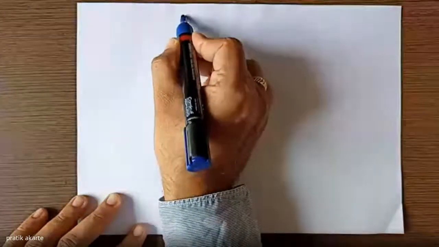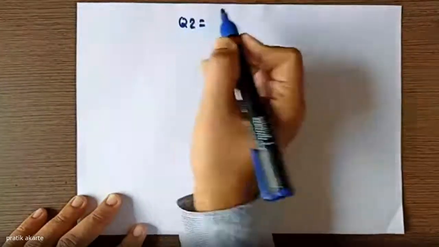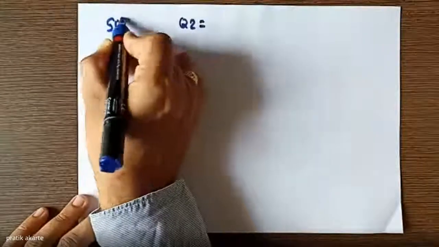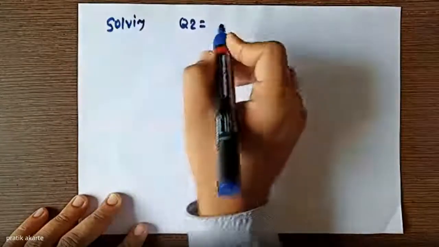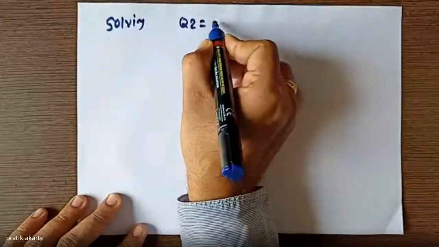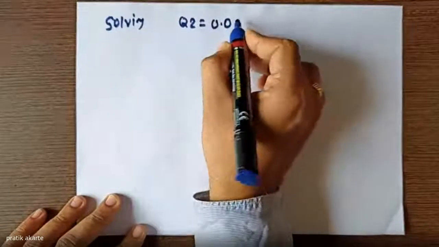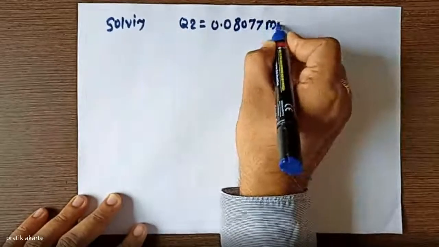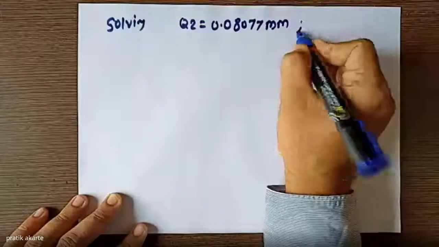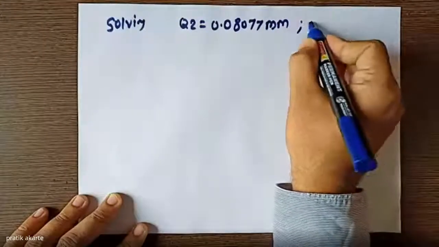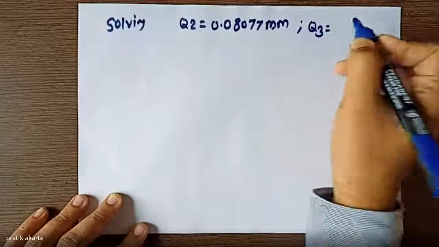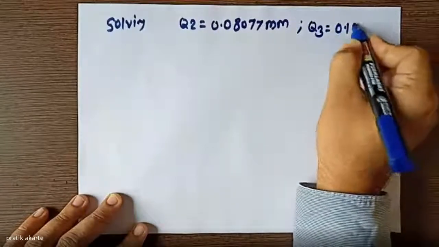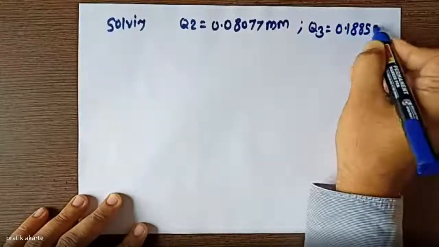After solving the equations, I get Q2 is equal to 0.8077 millimeter and Q3 as 0.1885 millimeters.